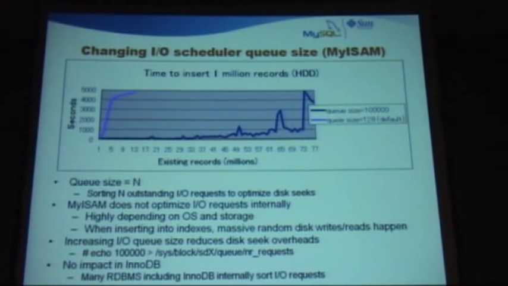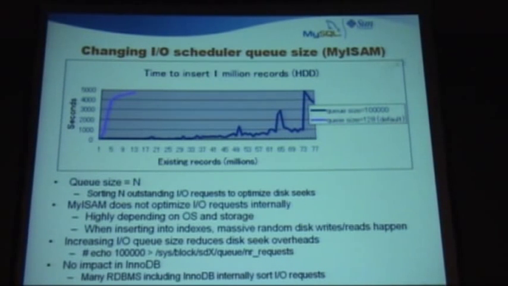MySQL does not optimize IO requests internally, so it depends highly on the OS and storage. When inserting into indexes, random disk writes and reads will happen. By increasing the queue size, the Linux IO scheduler can sort outstanding IO requests by disk position to minimize disk seek overhead.